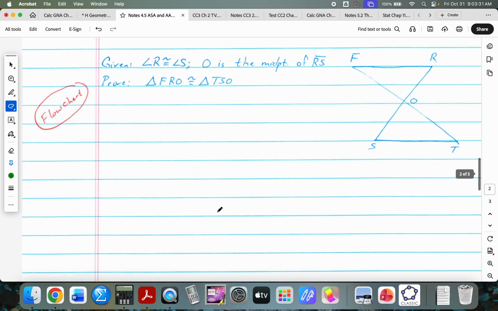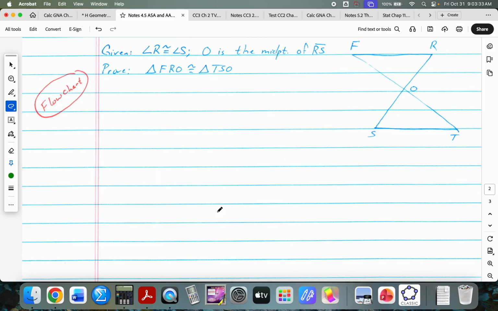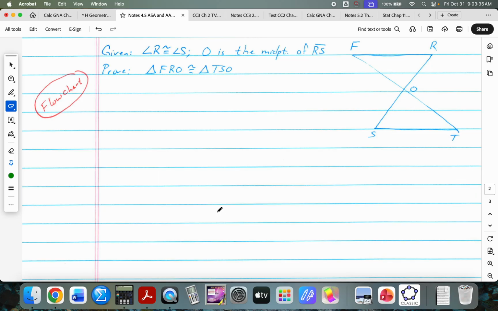All right. So I don't know why I wrote flowchart on this one, but we'll do it as a flowchart proof. Oh, I didn't point this out to you guys in our last class. Because I'm easily amused and also easily bored, almost all of the ones that I write spell something in some way or another.